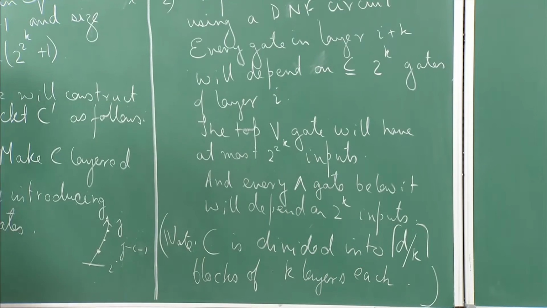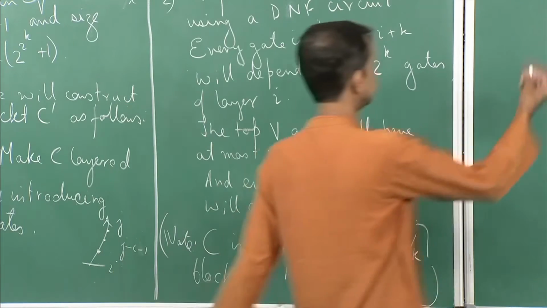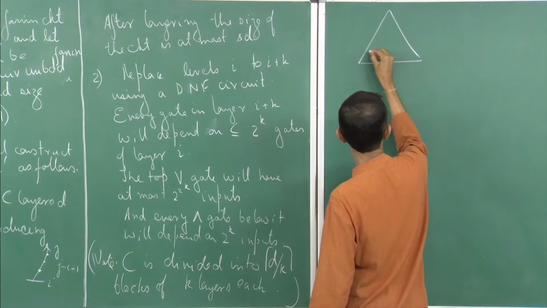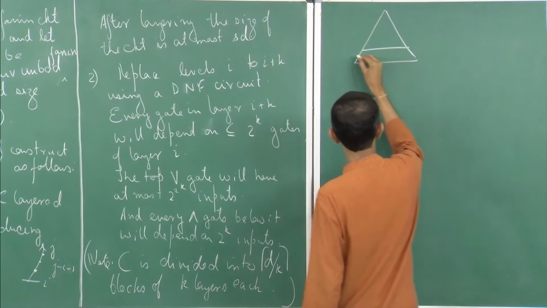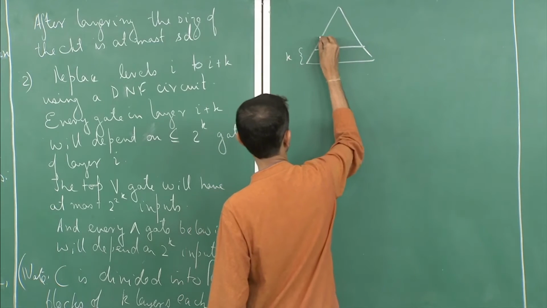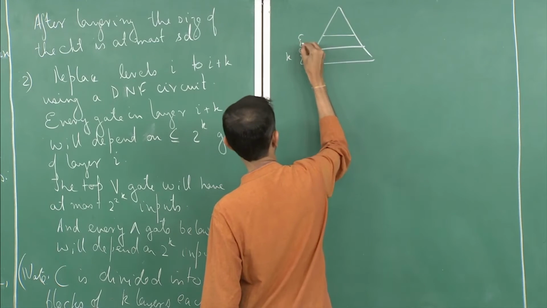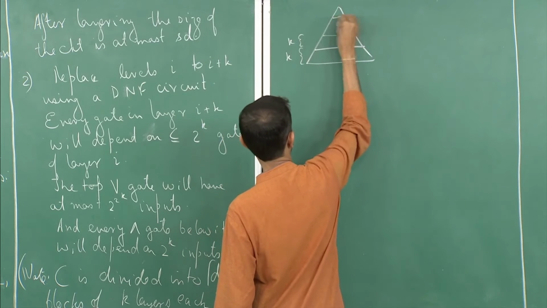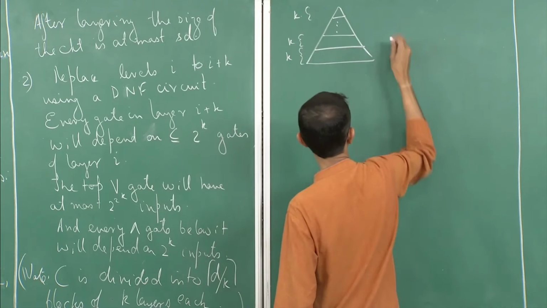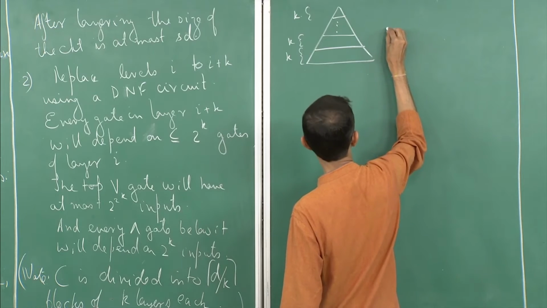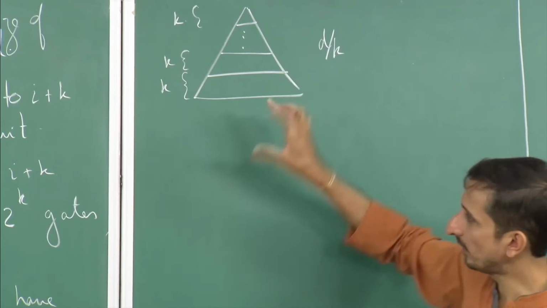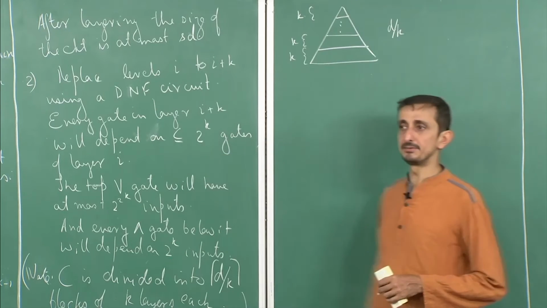Okay. So, again pictorially this is what it looks like. So, this was my C. So, I have broken it down into the first block of K layers, then again I have K over here and so on, K over here, and the total number of such blocks is D by K, and for each block I am essentially doing this kind of a replacement.